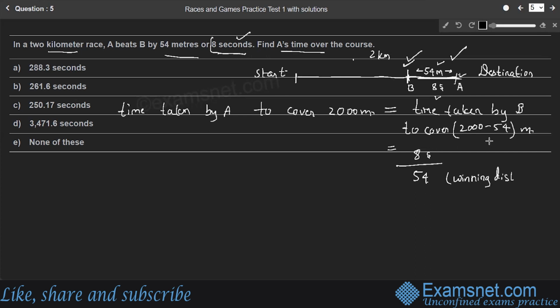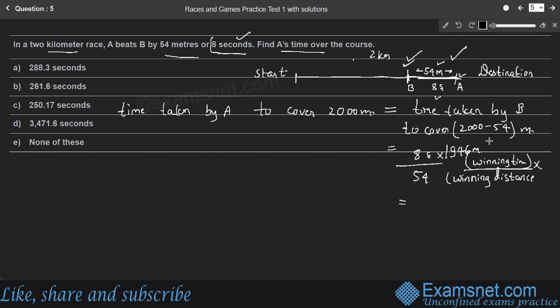To cover that winning distance, B requires 8 seconds, that is the winning time. Therefore, to cover 1946 meters, which is B's already traveled distance, what is the time required for B? That we need to find.